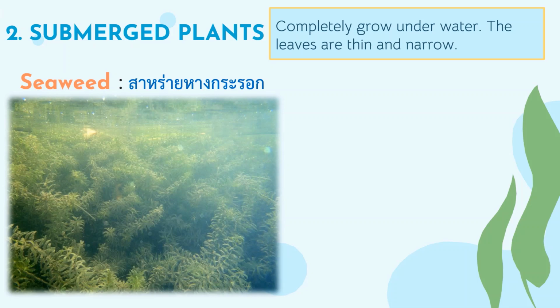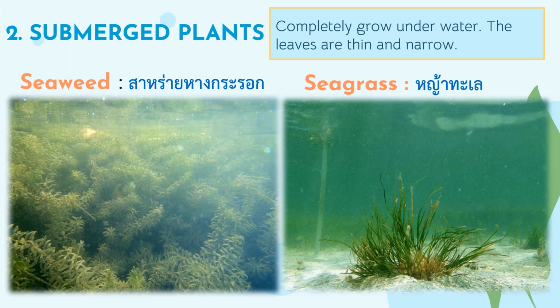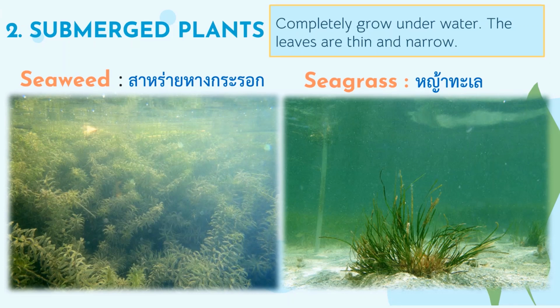Next, this is a seagrass. As you can see, both seaweed and seagrass completely grow underwater, and their leaves are thin and narrow.